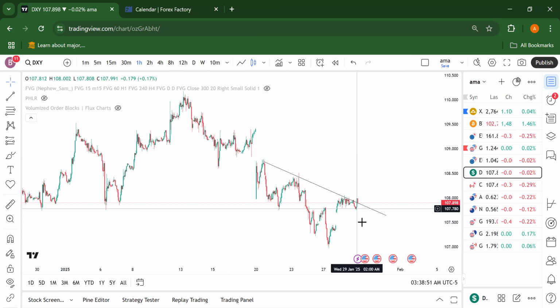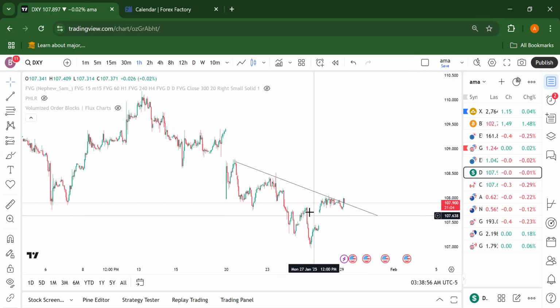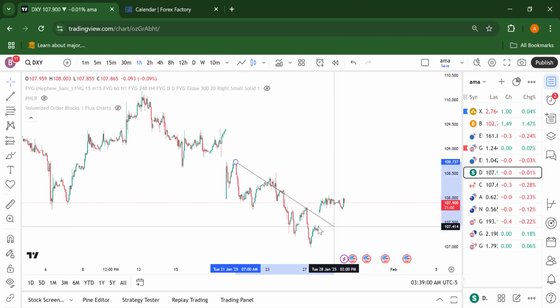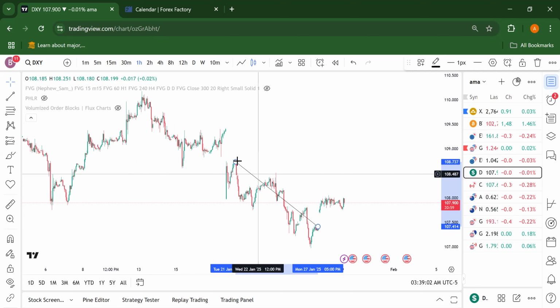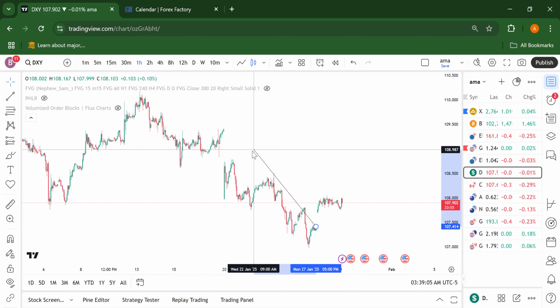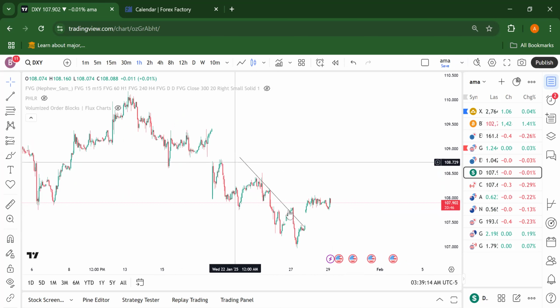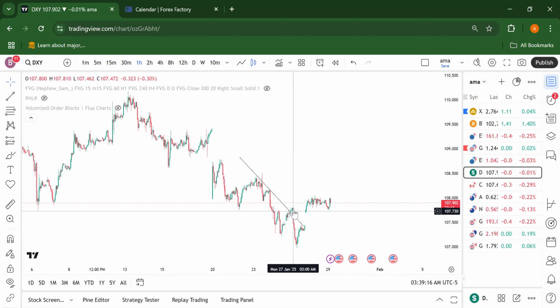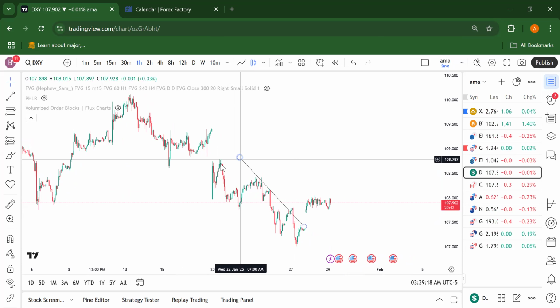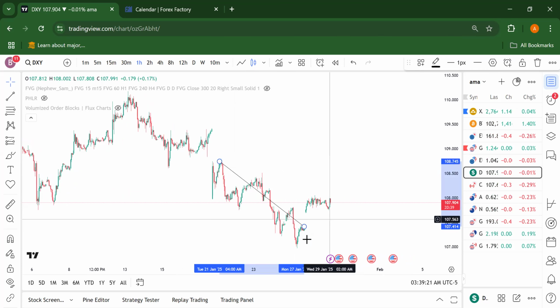If price closes below this, you know the funny thing, price took this high, because initially this trend would have been like this, where price is dropping, dropping, dropping. But what happened? Price took this particular high, and as price took that high, it also formed a lower high.